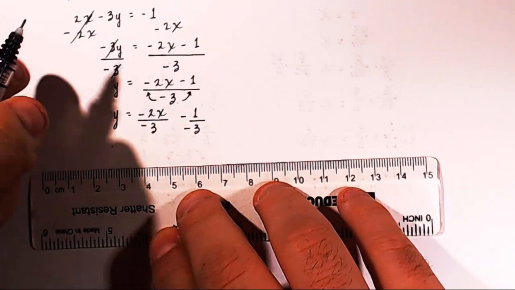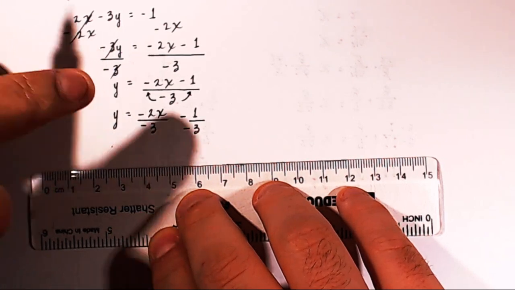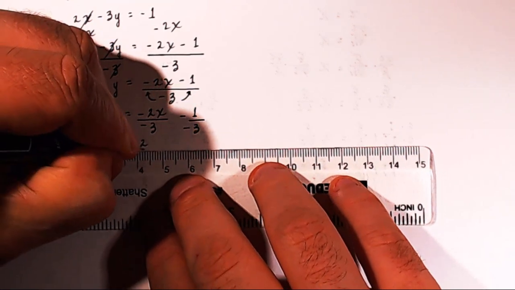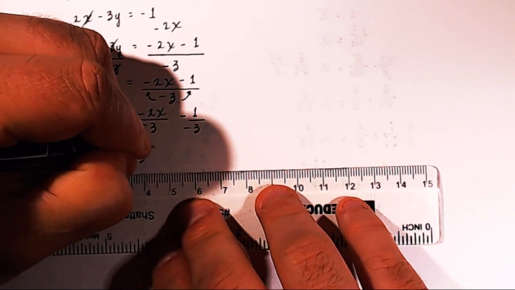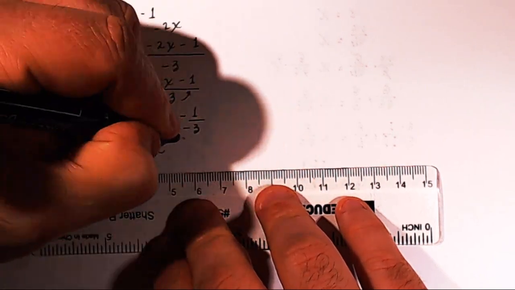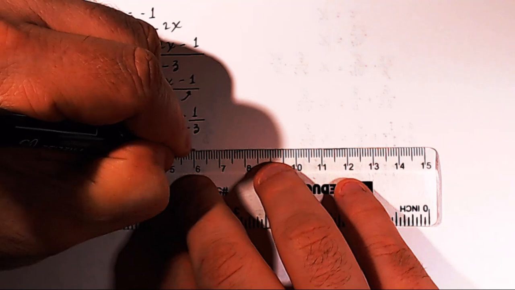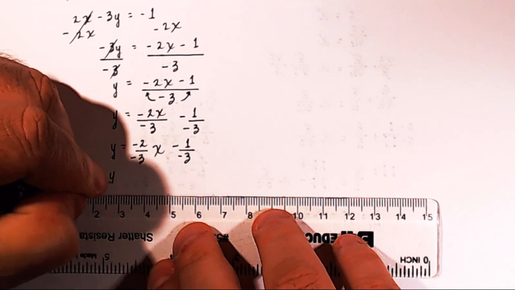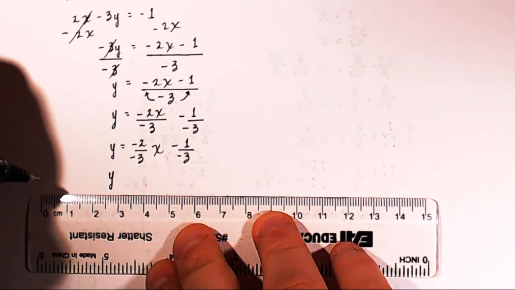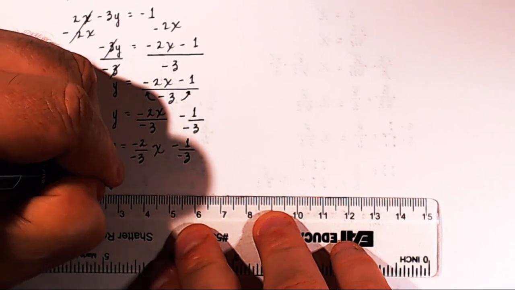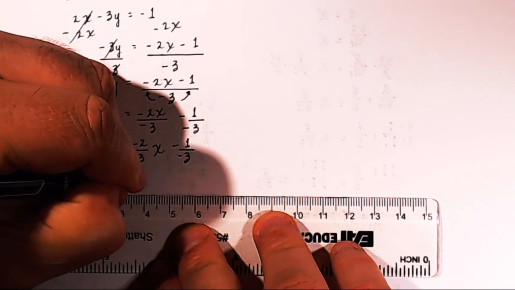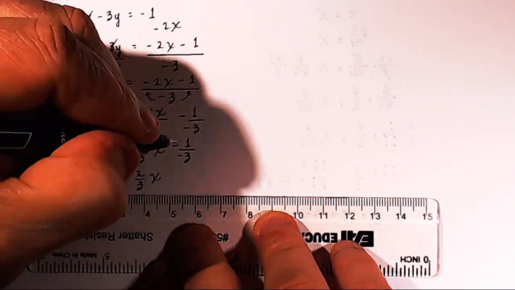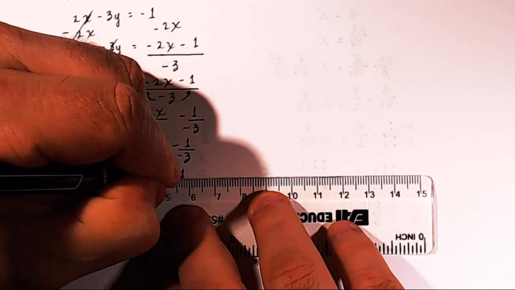Remember, I can pull the 2 and the 3 kind of out of this fraction and write it y equals negative 2 over negative 3x, and then minus 1 over negative 3. Almost done. So now I remember a negative divided by a negative is a positive, so I have y equals 2/3 x, and then negative by a negative is also a positive, plus 1/3.